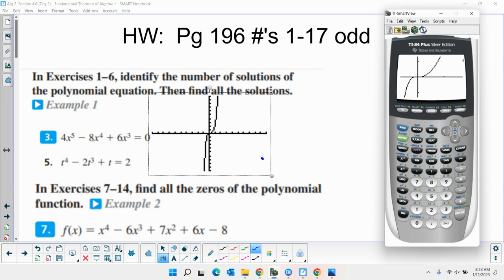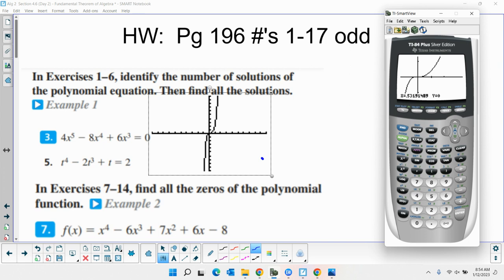Oh, that's what happened. Okay. I think I mentioned this yesterday, but what's happening as it crosses 0? It's bending, right? You kind of see how it did that? When it bends as it crosses, that means it works at least 3 times, an odd number of times.